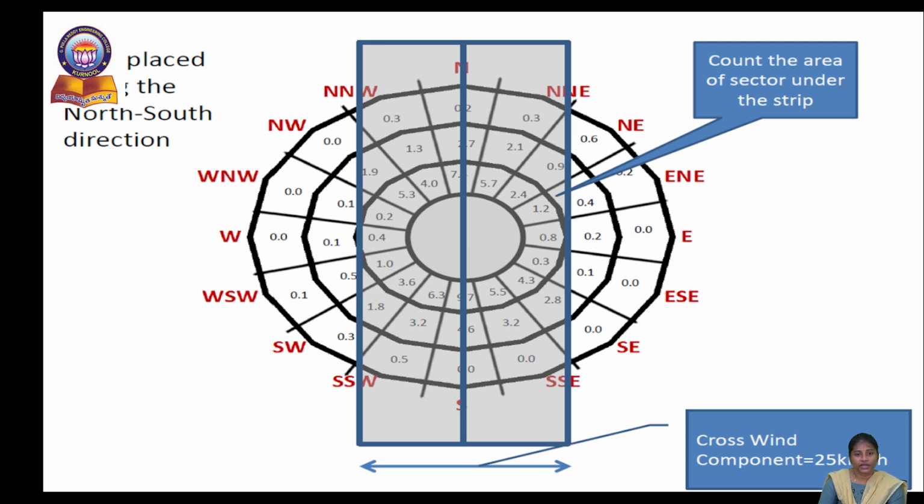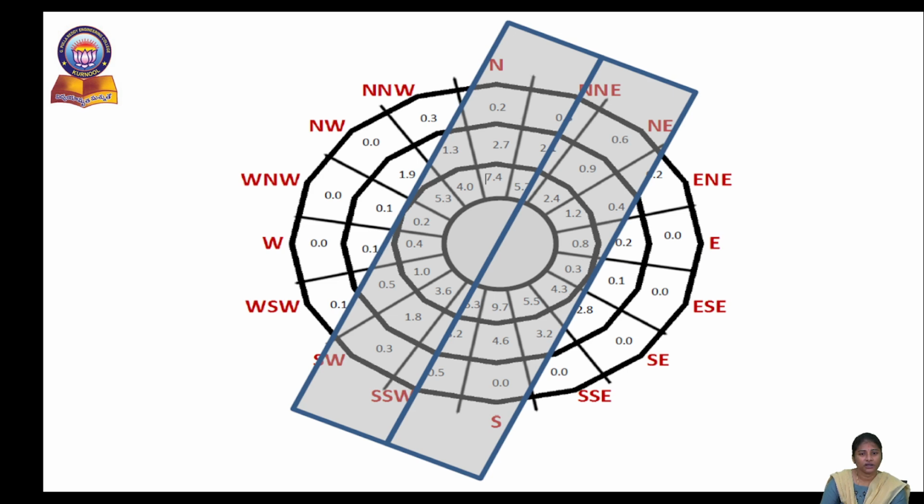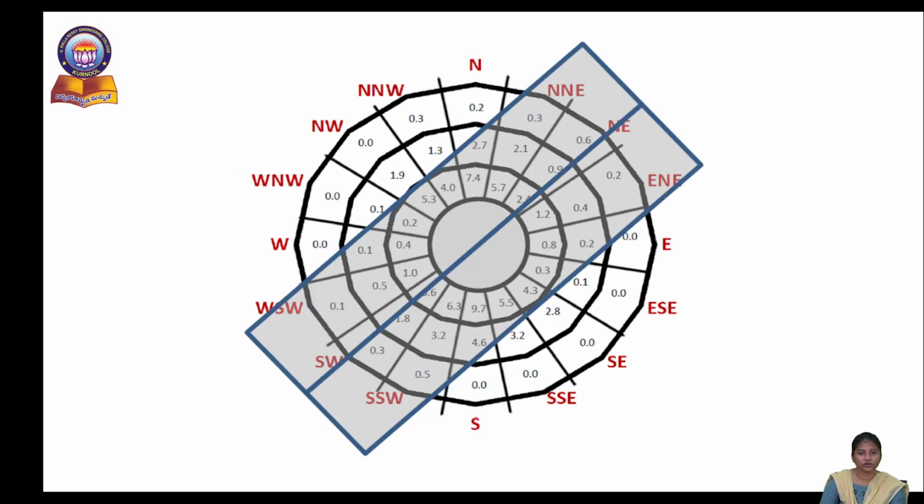In this transparent strip, whatever values are under it, you add all the values. Next, change the orientation. The area covered in this orientation, which is filled with some values, you add all the values. In this orientation also, you add all the values.